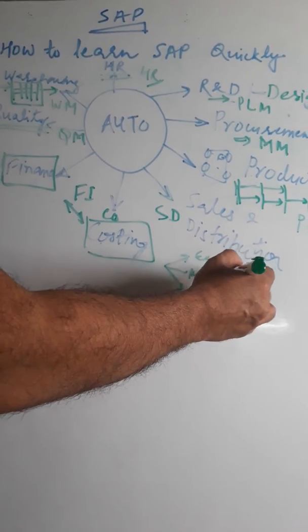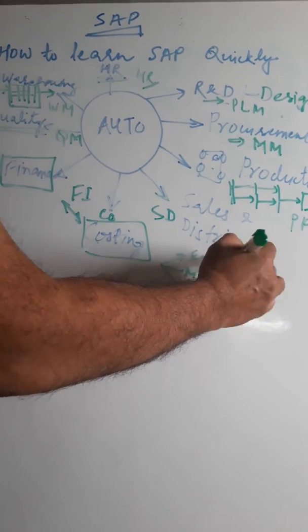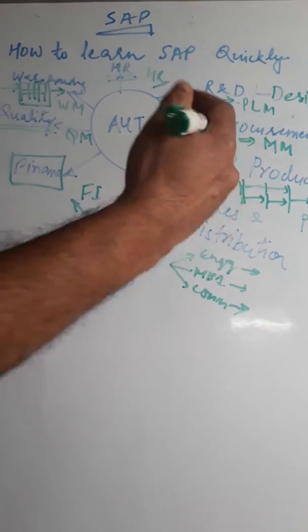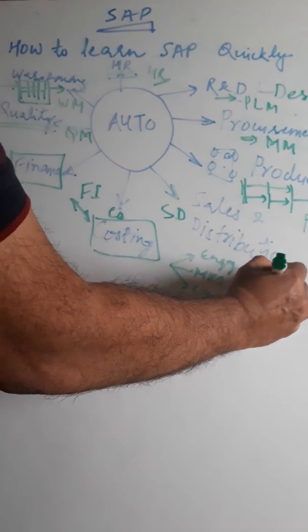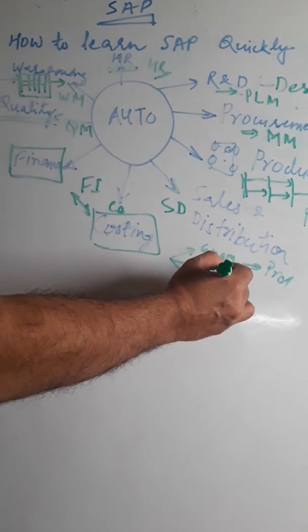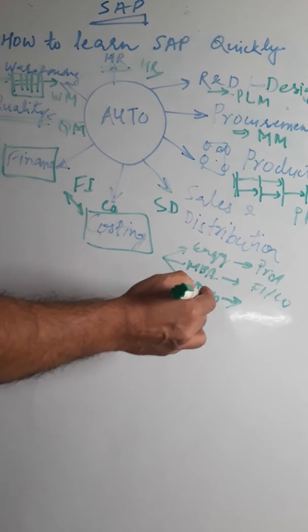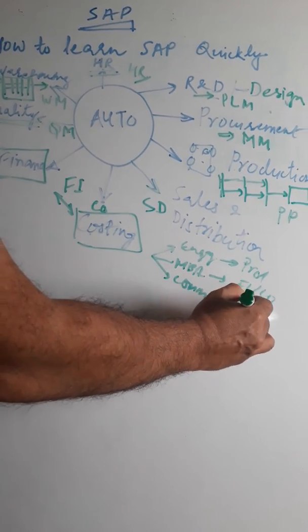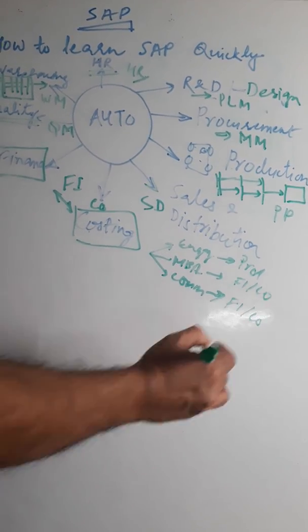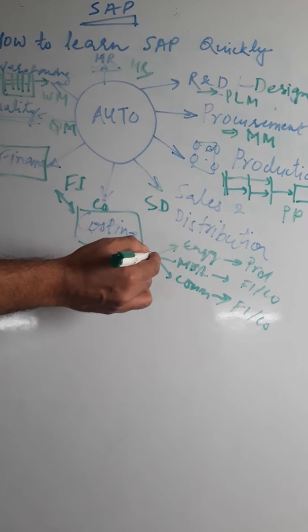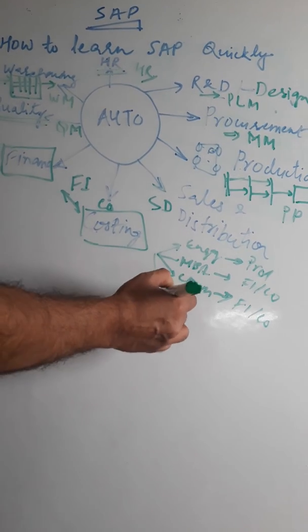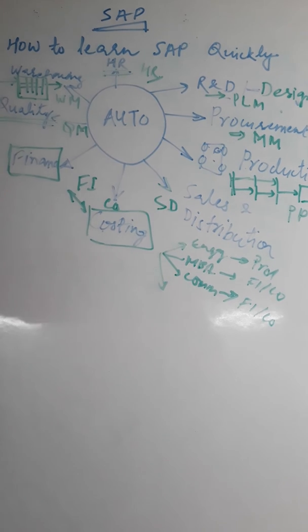Okay, within engineering, if they had a production-related subject, they can choose production. People doing an MBA in finance can choose finance or FICO. People in commerce can again go towards finance or costing. People related to quality can choose quality management.